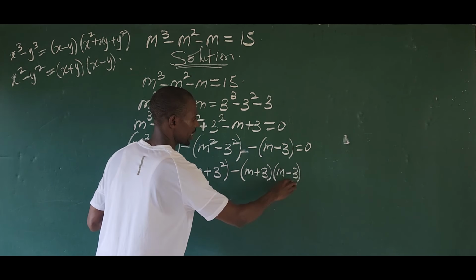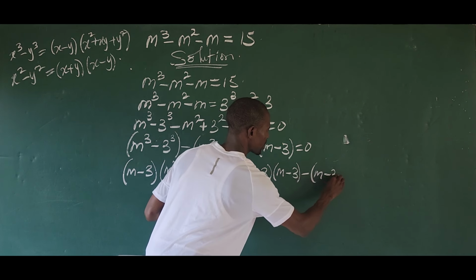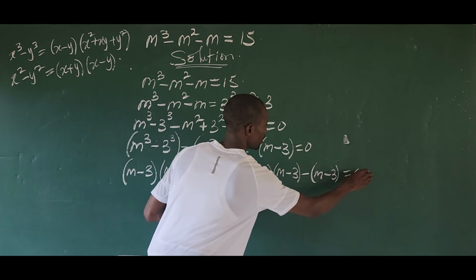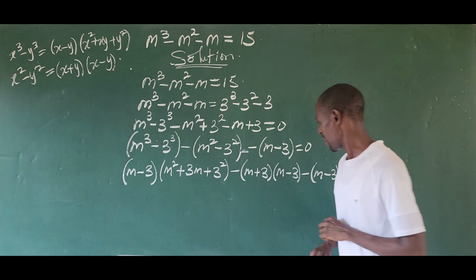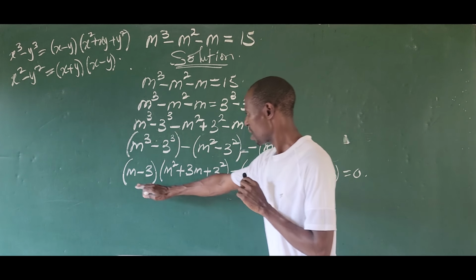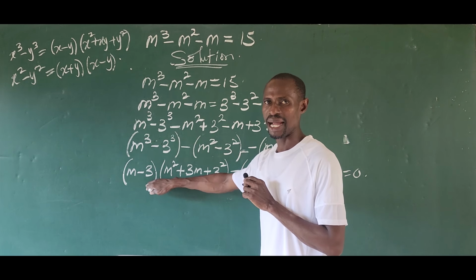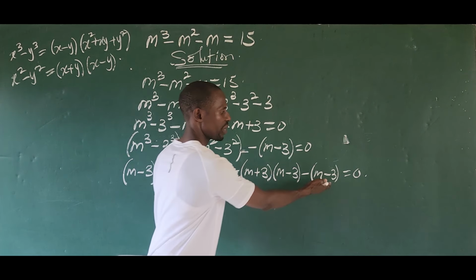Then minus, here we just have (m minus 3), everything equal to 0. Easy. All right. So what we do next here now, if you look critically, you discover that from here we have m minus 3. Here we equally have m minus 3. And here we have m minus 3.